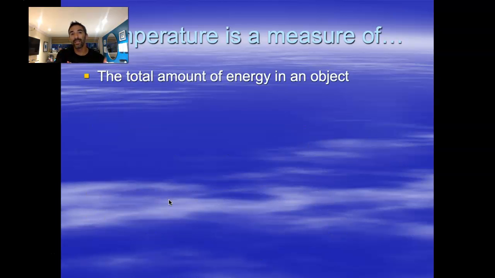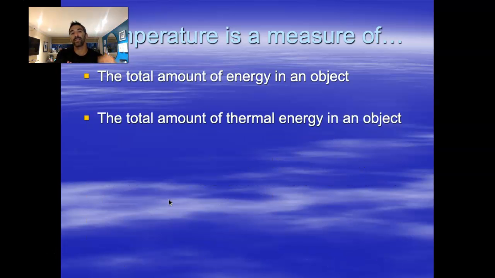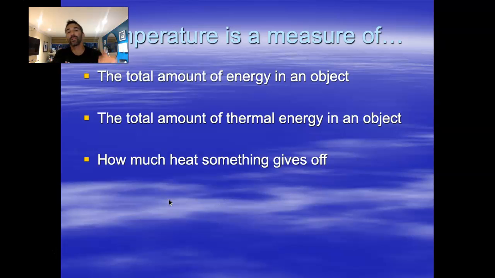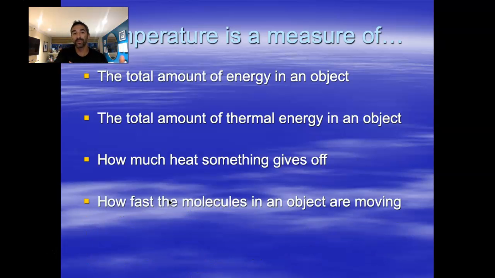So this is what temperature is. Temperature is the measurement of a total amount of energy. Temperature is the measurement of the total amount of thermal energy in an object. Temperature is a measurement of how much heat something can give off. Temperature is a measurement of how fast those molecules are moving.